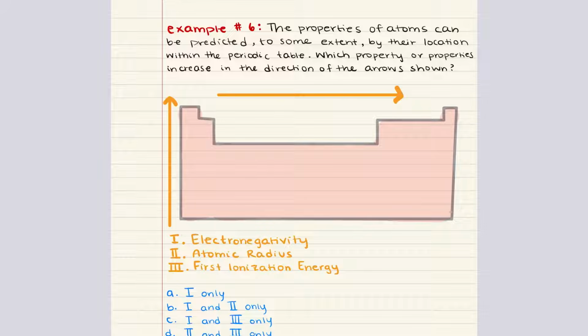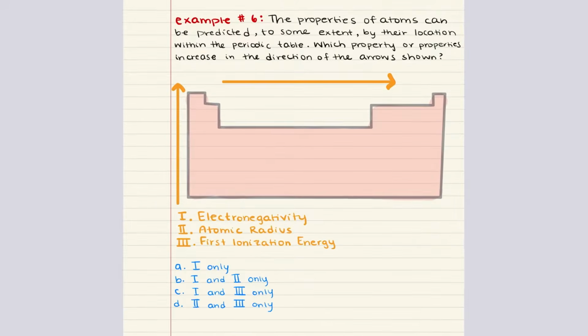This is the ability of an atom to attract electrons towards itself in a chemical bond. Now, reviewing our trends, we said that electronegativity increases going from left to right, and it increases going from bottom to top. So electronegativity follows the trends that are shown right here.